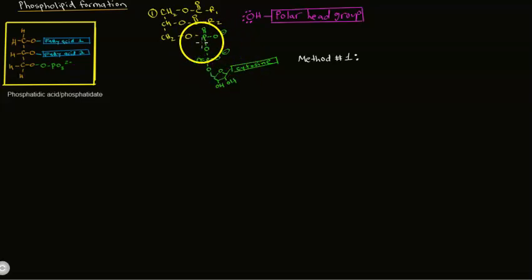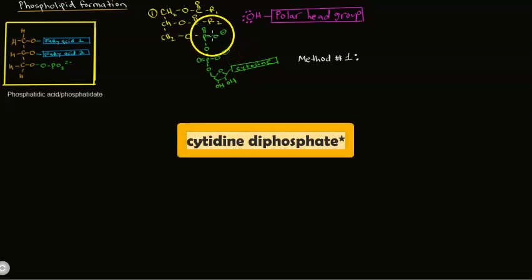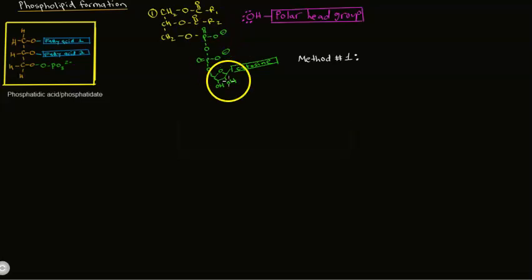This is known as CDP, or cytosine diphosphate, because it has 2 phosphates, a ribose sugar, and a cytosine base. So this is a CDP structure that's attached to our DAG, and this is important to activate the DAG. So now DAG is active and it can participate in the formation of a phospholipid.